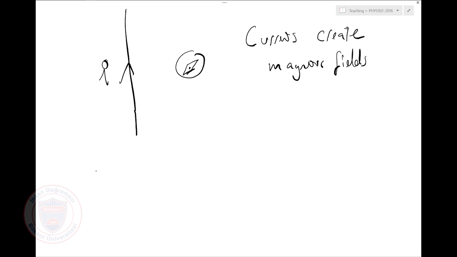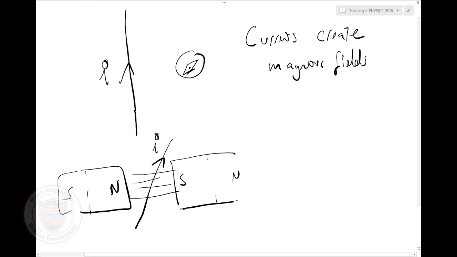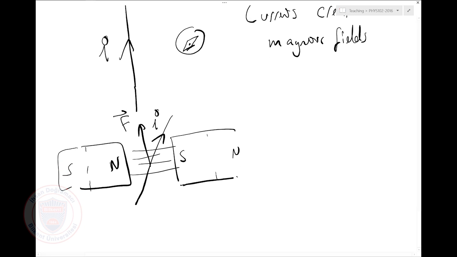He took two magnets, so there's a lot of magnetic field here, and then he actually put a wire between them, and he noticed that there is a force on the wire. Okay. Then he stated the reciprocal principle, if you want.